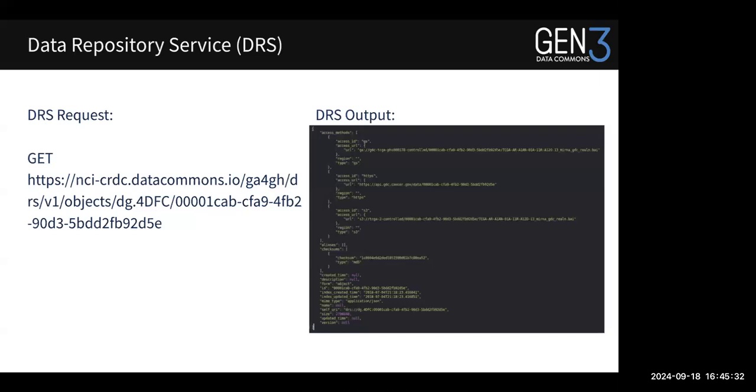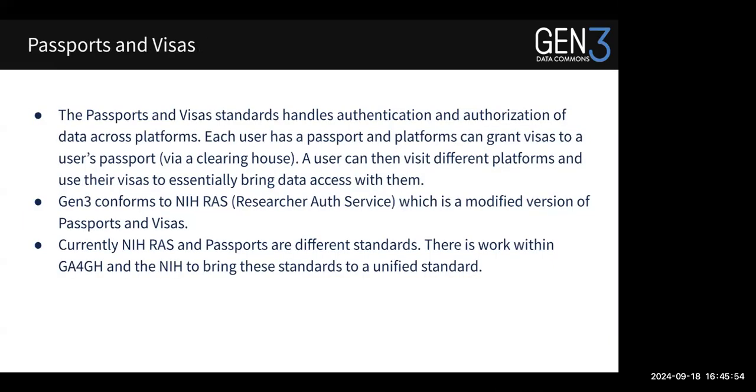So there's multiple ways to get this data. It also gives you back the checksums and file size, file name, all that sort of file metadata that is necessary to ensure that when you download the file, the data is not corrupted, you have the correct file, and you can be assured that you are working with the correct data. Next slide.